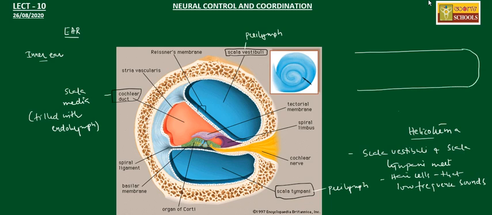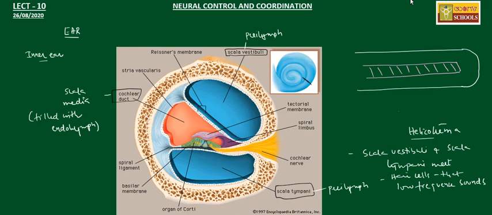This is the tip of the cochlea, and inside we have the scala vestibuli, then the scala tympani, and then the scala media, which is filled with endolymph. Below this we have the basilar membrane.